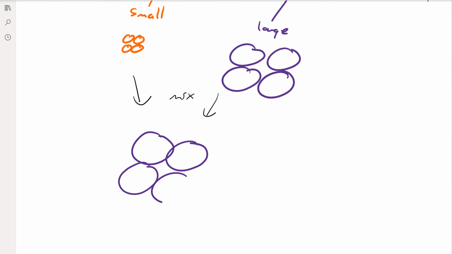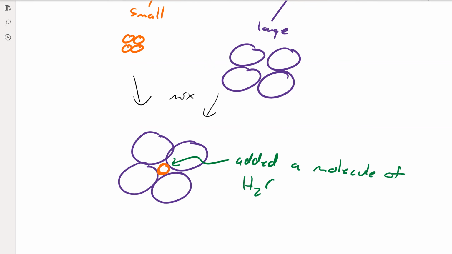If we have these big ethanol molecules, we can sneak a water molecule in some of these open spaces where there's no matter there, right? So here we added a molecule of H2O. We did change the mass, but it didn't change the volume. So even though we added more stuff, we didn't occupy more volume because there were some empty spaces here.